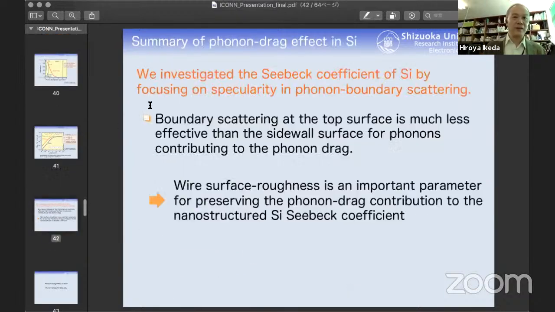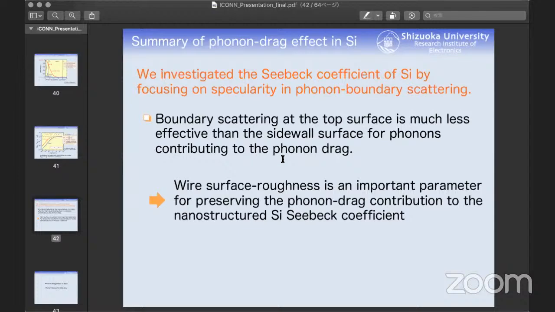So finally, I summarize my talk. We investigated the Seebeck coefficient of silicon by focusing on the specularity in phonon boundary scattering. Boundary scattering at the top surface is much less effective than at the sidewall surface for phonons contributing to the phonon drag.